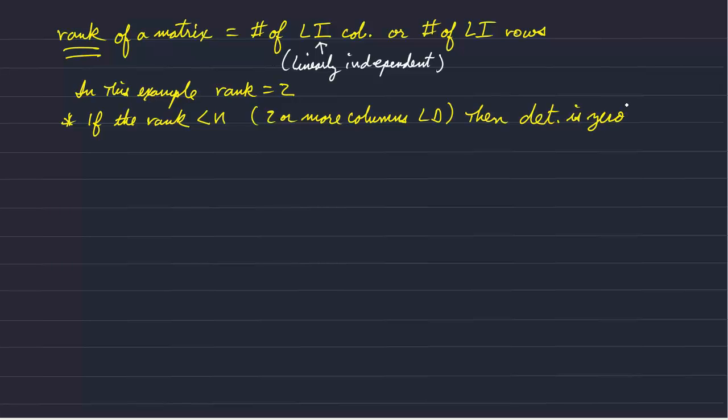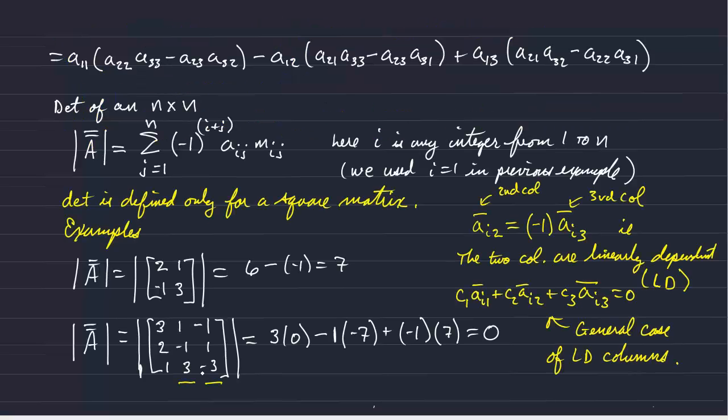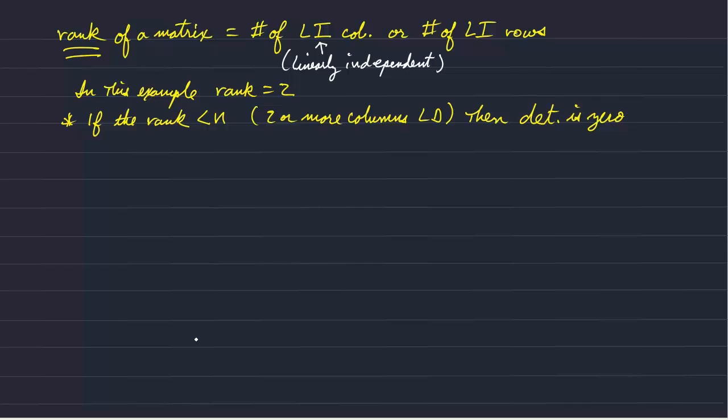As you recall, the determinant of our last matrix, which had a rank less than n, the rank was 2 and n was 3, right? That had a 0 determinant. And a matrix like this is called a singular matrix. So I'm just defining some terminology here.